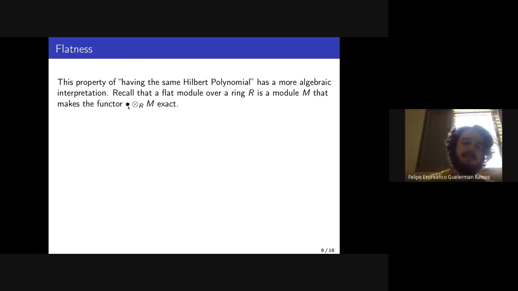So we know that if we have an exact sequence of our modules, if we tensor by M, it will be exact on the right, but not necessarily on the left. And if it's exact on the left, then we call this module M flat. Of course, it has to work for all exact sequences of our modules.